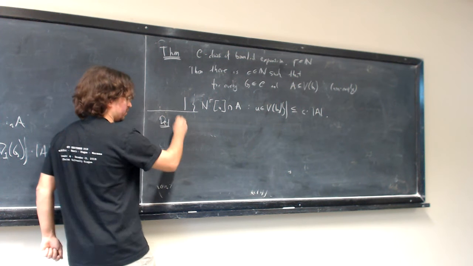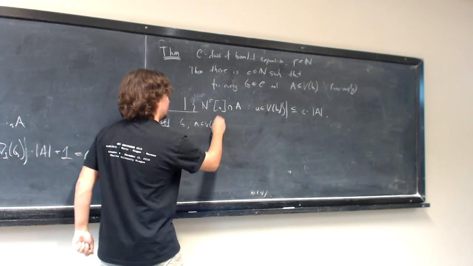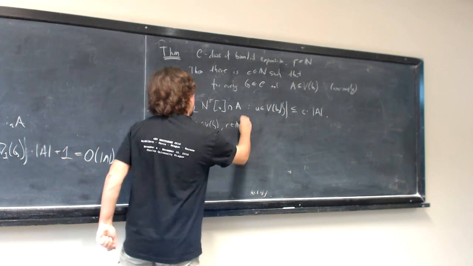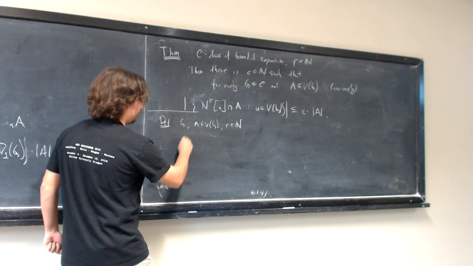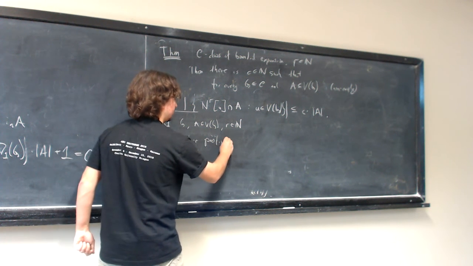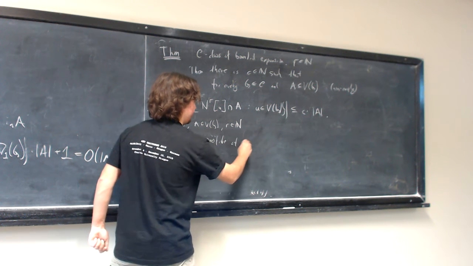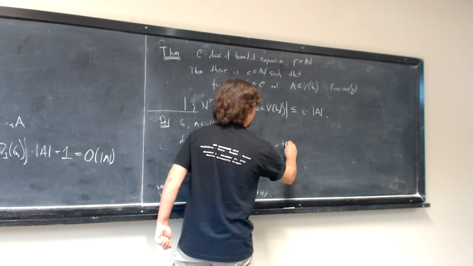So suppose again I've got a graph, I have a subset of vertices, and I've got some radius r, which is fixed. Then a distance r profile of a vertex u on A is the following function.